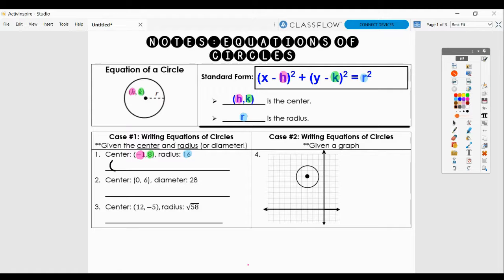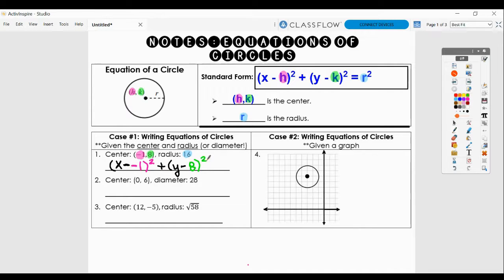We'll go ahead and replace them in our standard form. Keep the x minus, and then you're replacing h with -1, because that's what h is in this case. We'll have addition between the parentheses, start the next parentheses, y minus k, which is 8 in this case.